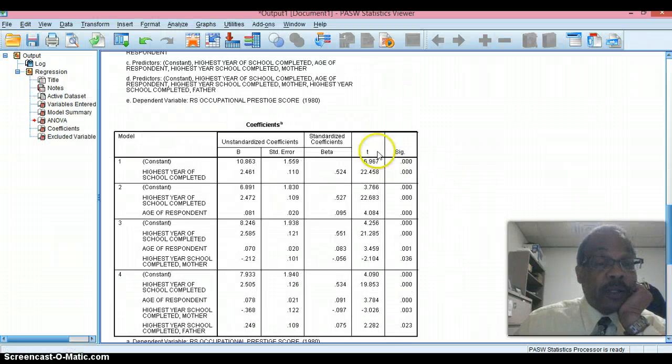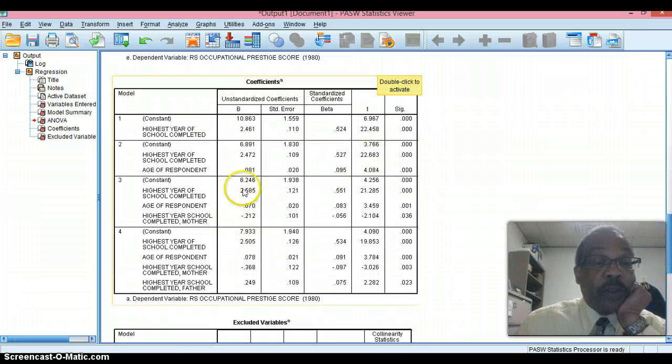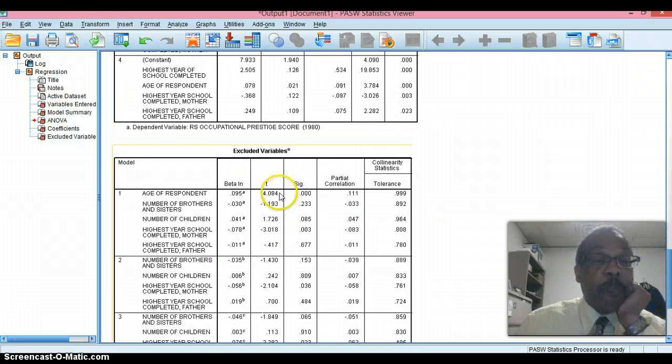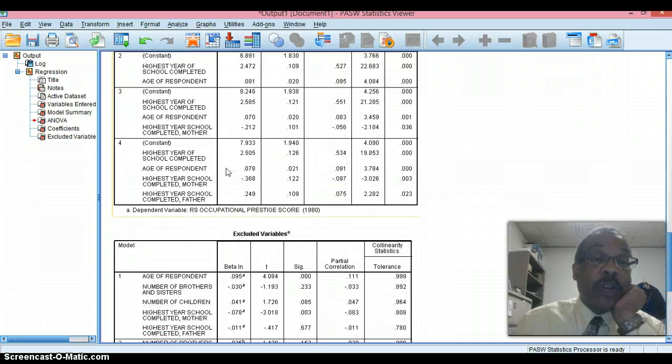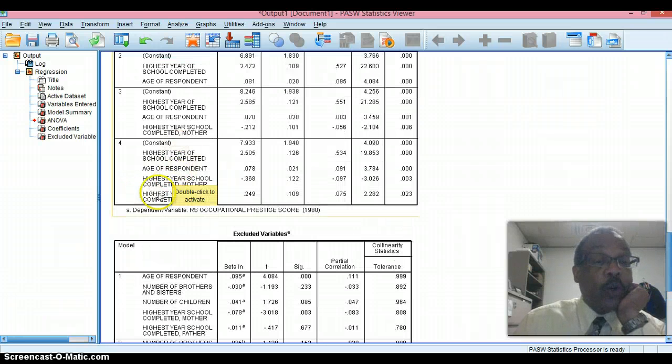We could build a model with 3, or we could do what we really want to do, which is build a model that has all 4 variables that showed up. Then we have the variables that were not included. We usually don't pay a great deal of attention to that because we already know. And here is where we would build our model.